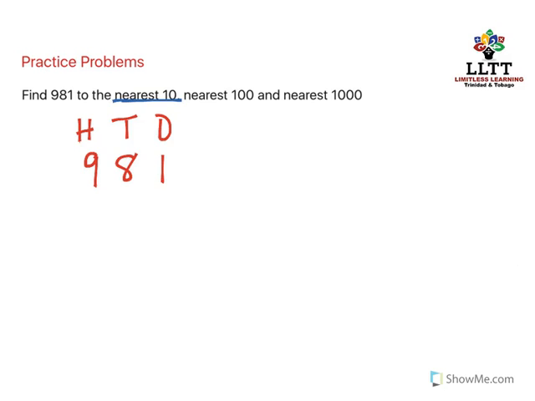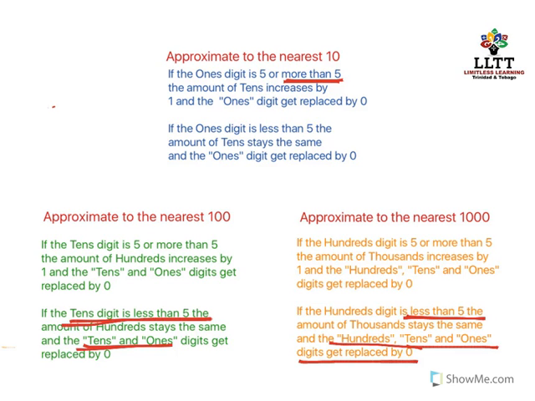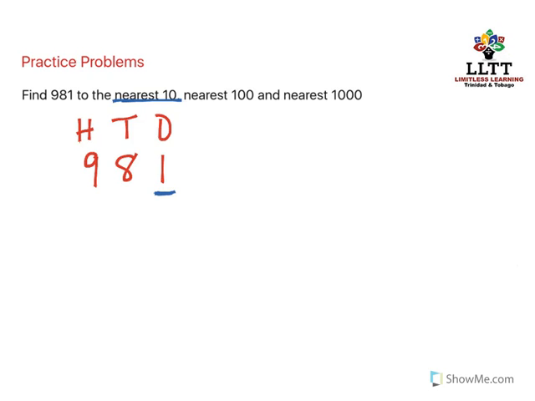Again, remember, when we're looking at the nearest 10, the digit that we look at is ones. We have 1, and that 1 is less than 5. So according to our rules, 1 is less than 5. So that means that the amount of tens stays the same.